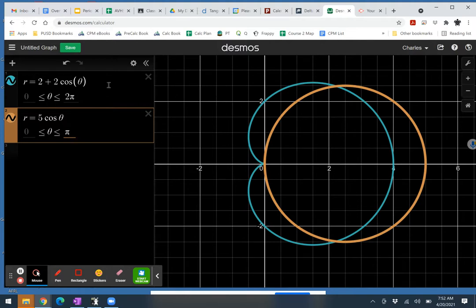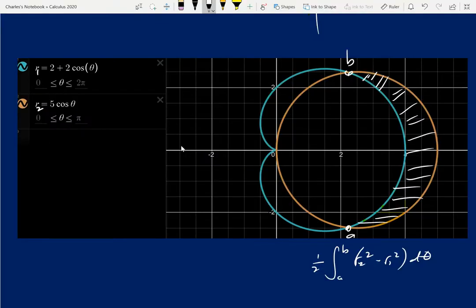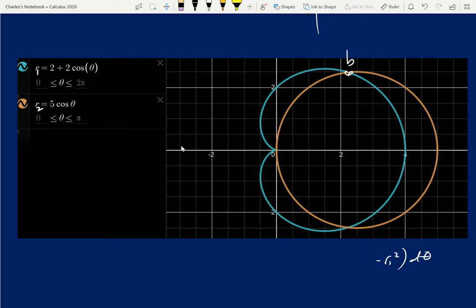So it's not going to be as easy as you think. But what you have to do is figure out what these points are. You're going to have to figure out specifically what this point is.